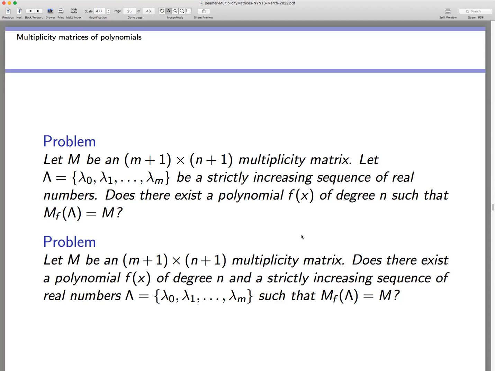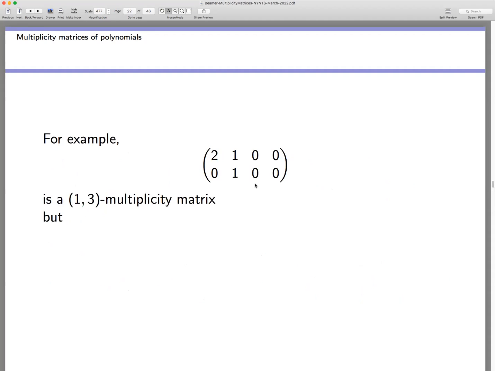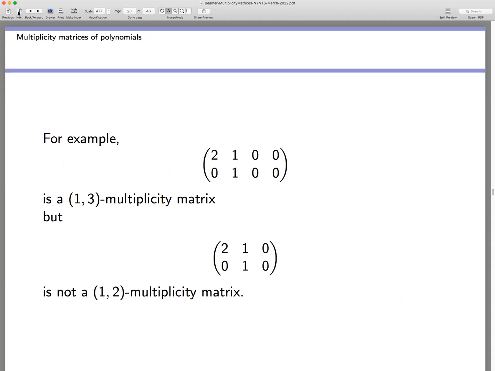So if you have such a matrix, the question is, is it the multiplicity matrix of a polynomial? For example, this is a multiplicity matrix, but I don't know a priori that there exists a polynomial in two numbers for which these are the sets of multiplicities of the polynomial and its derivatives. That's the question.